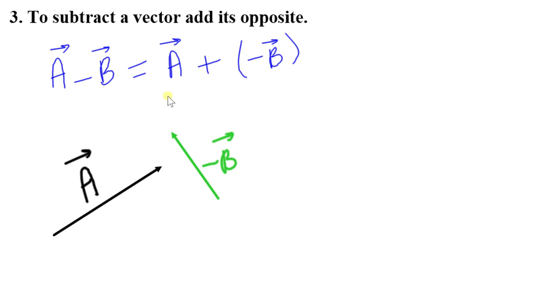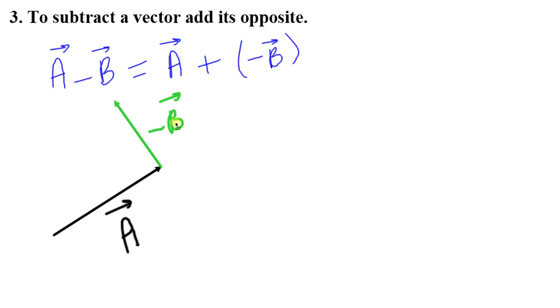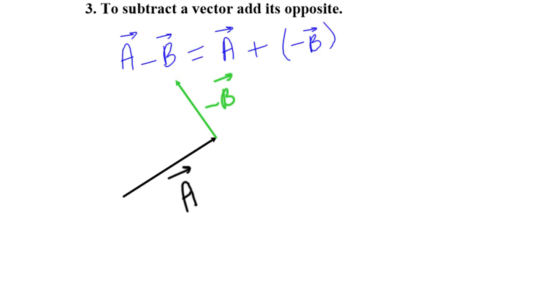Now A plus minus B, using the head to tail method, I place minus B at the head of A. This is minus B. Now the resultant again from the tail of A to the head of minus B. I'm changing the color.